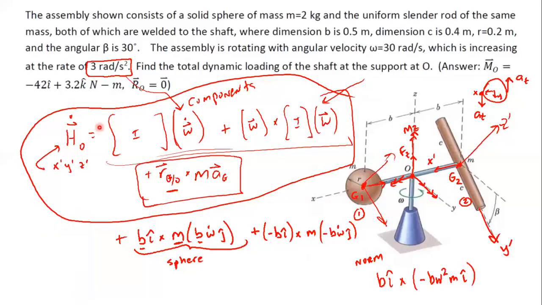This would be the H dot about G, and then this is moving it over to point O. So this is basically saying that this is due to the change in angular momentum about G for this, plus the change in angular momentum about G for this. And then to get it over to point O, I use this term right there.